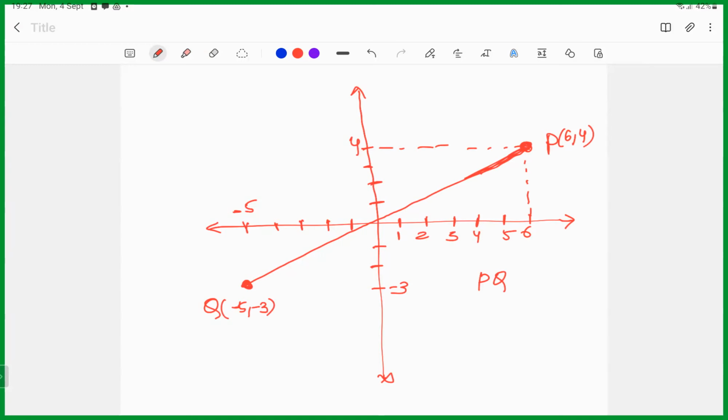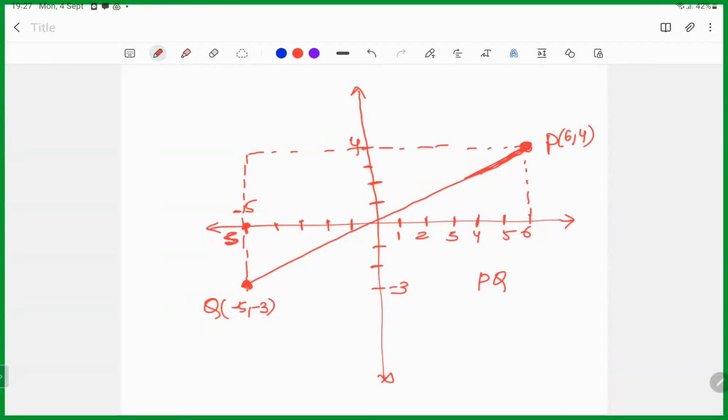Okay, what is the right angle triangle here? This is the right angle triangle. So what are we doing? We are drawing a perpendicular from Q to, let's say, this point S. Also draw a perpendicular PT from point P on QS.